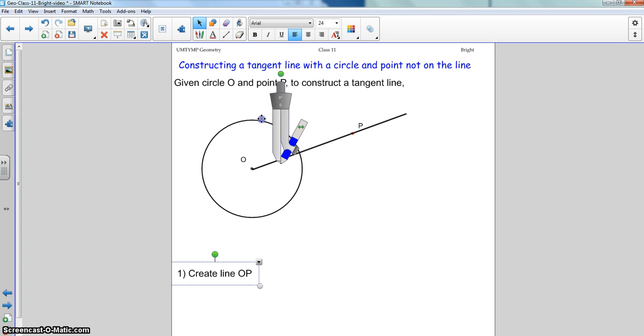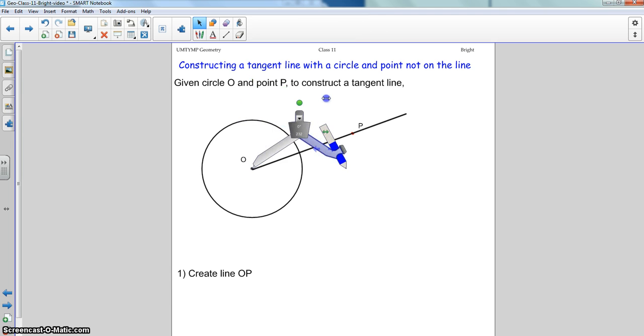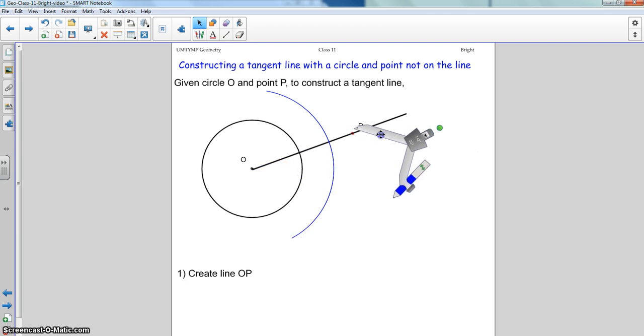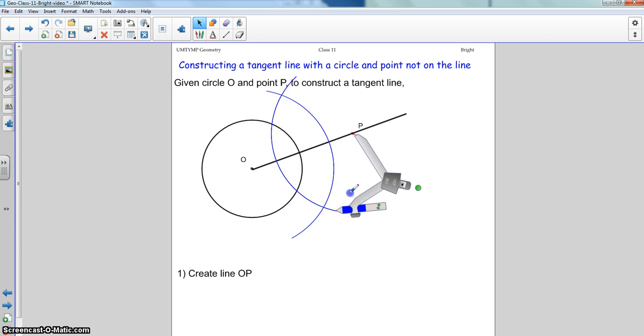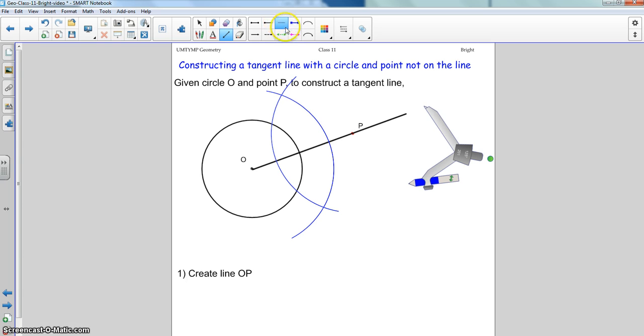To determine the midpoint, I need to make an arc from each side that is greater than the midpoint, so some arc. We're going to say something like this. And then I do the same thing from P. And then the intersection points of the arcs form the perpendicular bisector. So it is perpendicular, but it also gives us the midpoint.